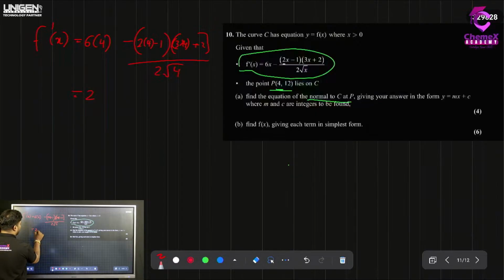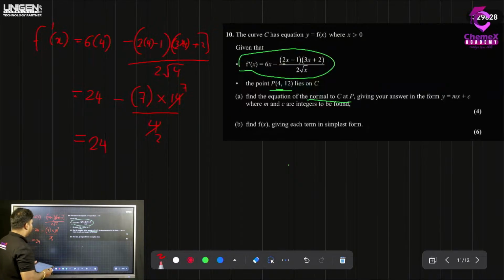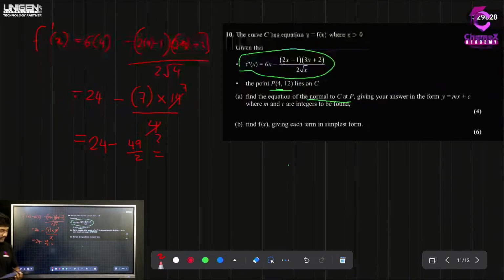So then 24 minus 8 minus 1 is 7 into 12, plus 2 is 14, divided by 4. 24 minus 3.5. Sorry, 49 over 2. I made a mistake there also. 24 minus 49 over 2. So what's the answer you get when you subtract?